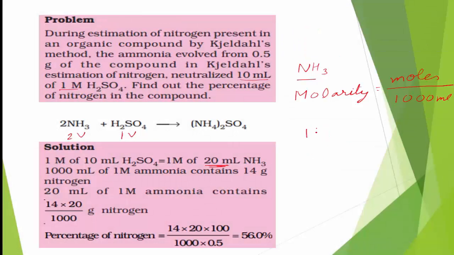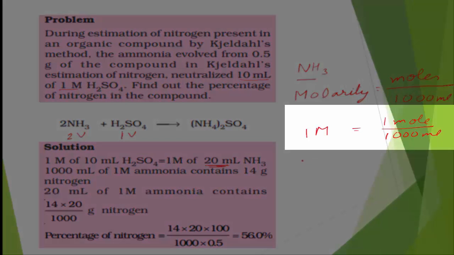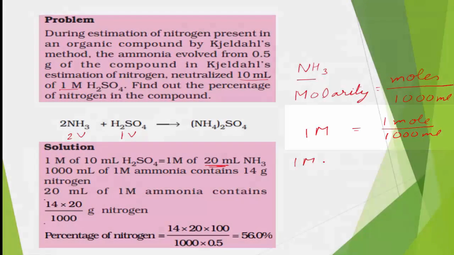So 1m means 1 mole of the solution we are talking about divided by 1000 ml of the solution. Here we can say that 1m NH3 means 1 mole of NH3 in 1000 ml of solution.